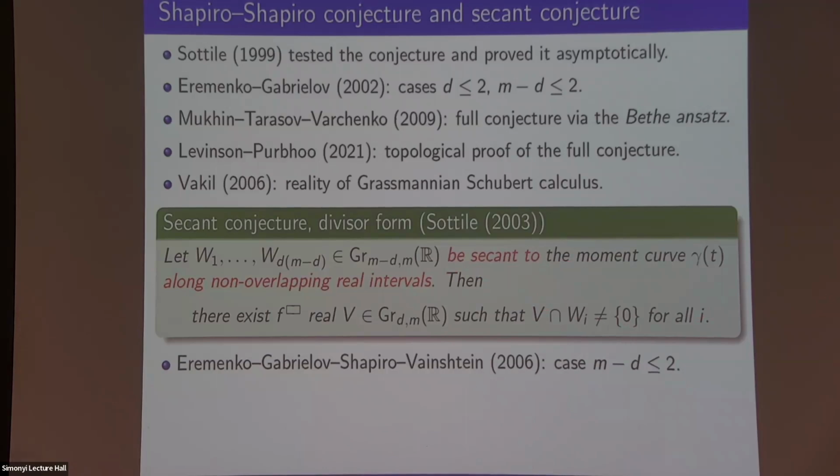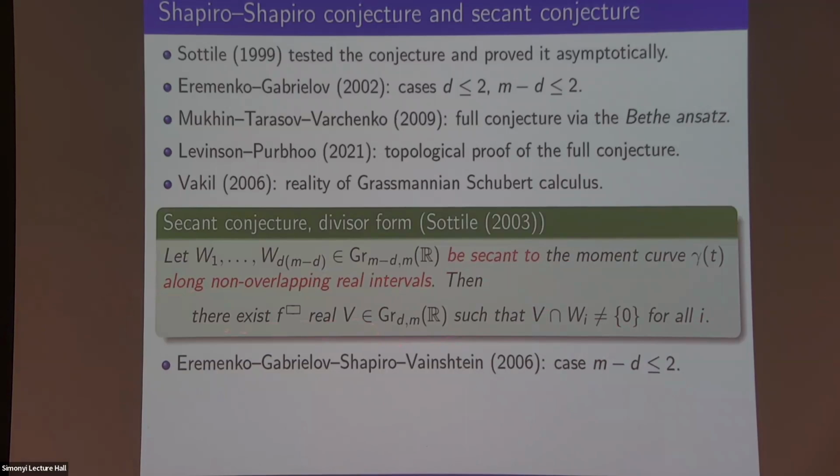A secant subspace means I just take m minus d points along my curve and take the subspace spanned by those points. And if the points I choose for different subspaces don't overlap with each other, then we still get all real solutions.